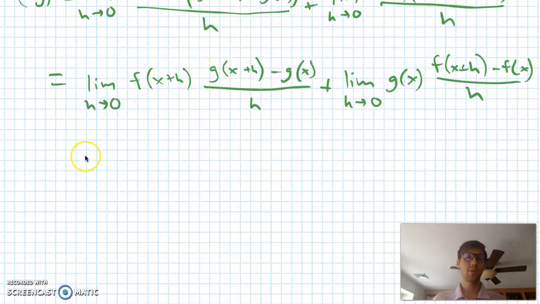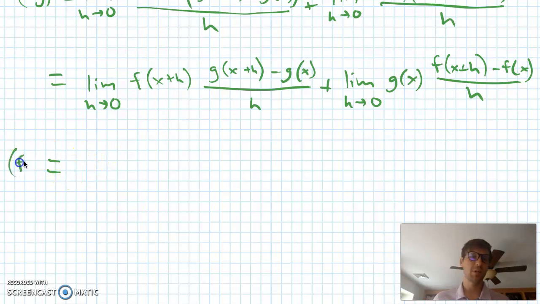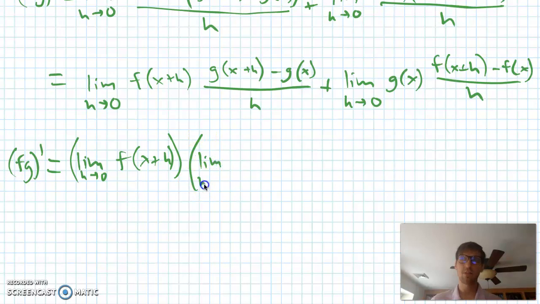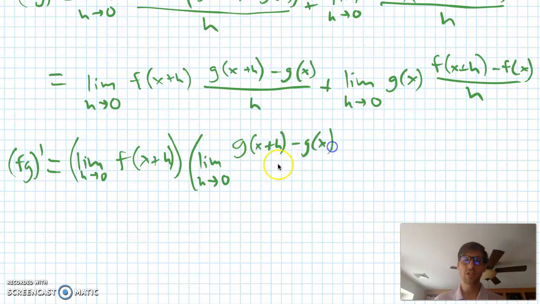So we could break this limit up: the limit as h approaches 0 of f of x plus h, I could make that its own limit and then have this limit here. Well, looky here. This limit now is actually just the derivative of g.